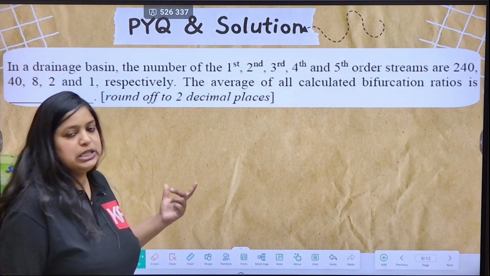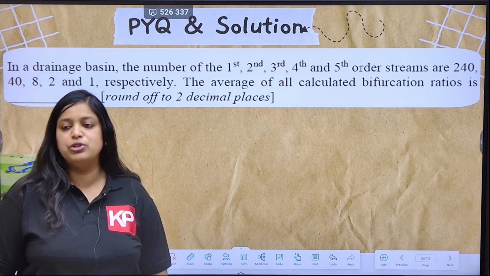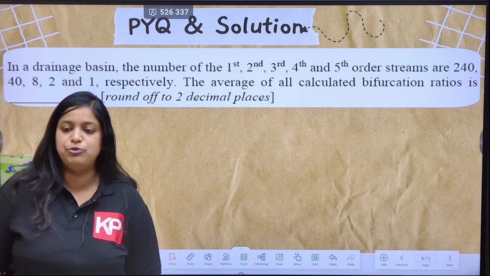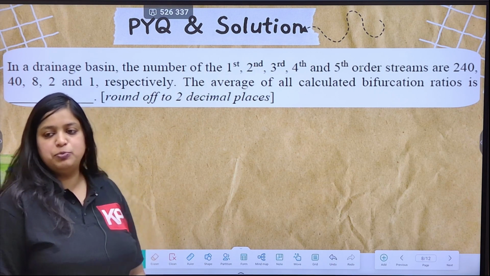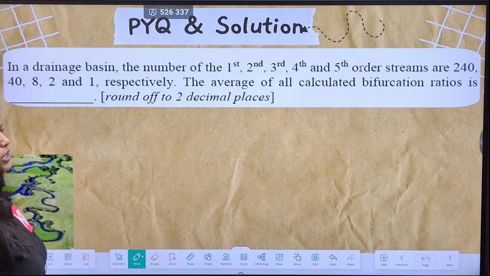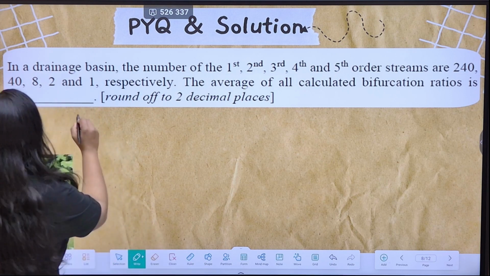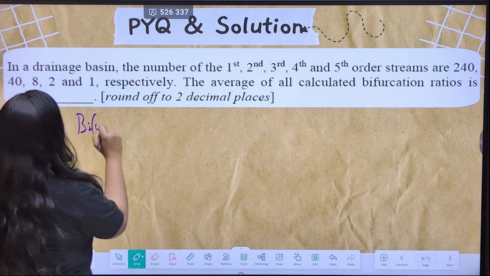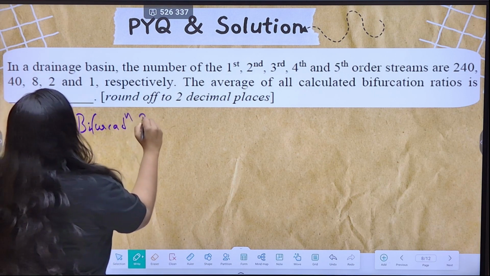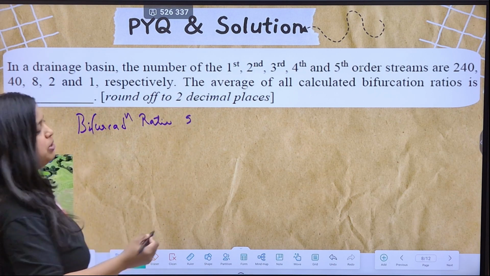This is a 2023 GATE question. In a drainage basin, the numbers of first, second, third, fourth and fifth order streams are 240, 40, 8, 2 and 1 respectively. The average of all calculated bifurcation ratios is dash. It's also an easy question. We need to calculate the bifurcation ratio between the first order stream and second order stream.